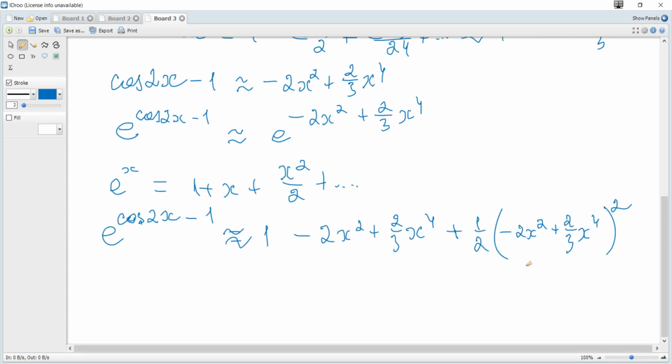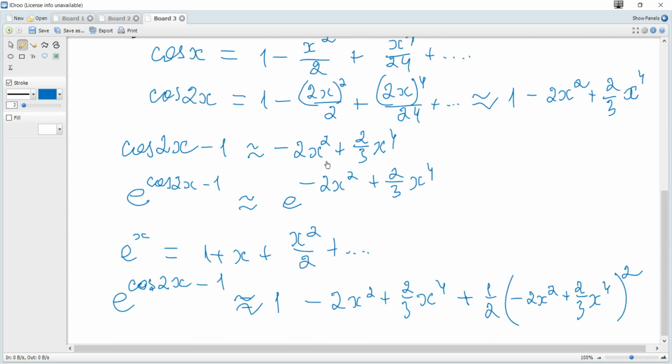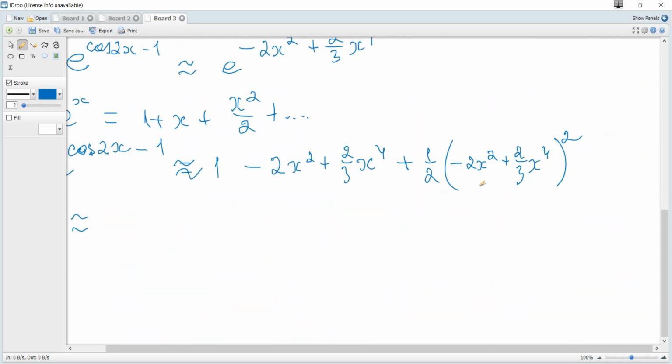And since we need up to and including x to the power of 4, we can consider the rest in general as plus higher powers.